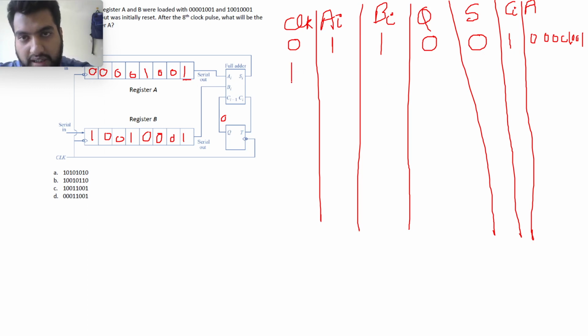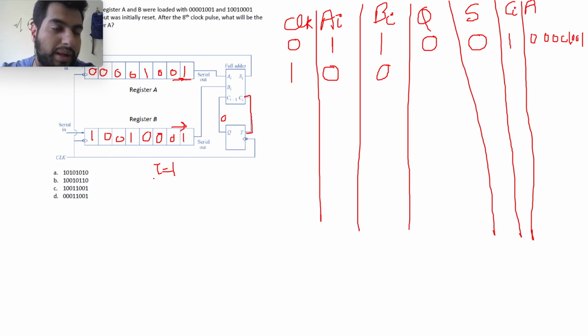In the next clock cycle, my AI will be 0, my BI will be 0 because this shifting takes place. As CI is 1, that means T equal to 1, and when T equal to 1, toggling happens. So if Qn minus 1 was 0, Qn will be 1. If Qn minus 1 was 1, Qn will be 0.